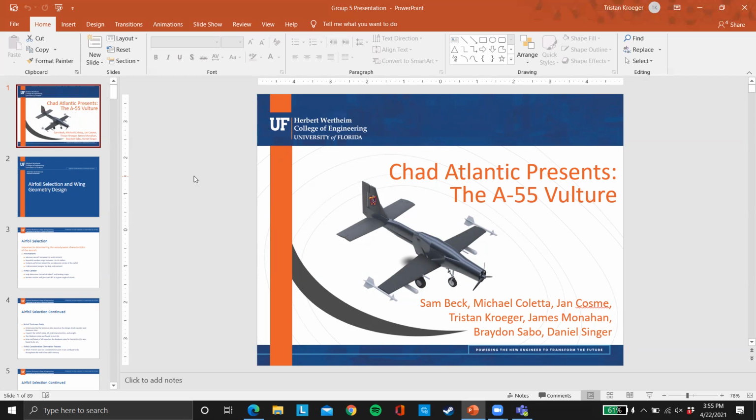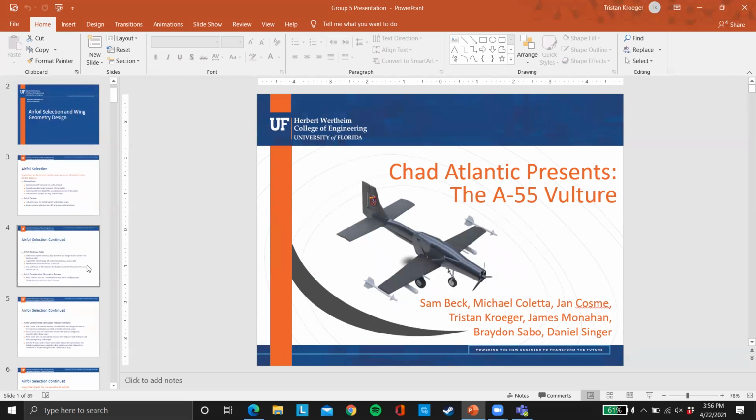Correct, yeah, it's hard to justify that. So for the airfoil selection, I personally feel that it's not just airfoil selection, but also including the power plant and everything. I feel that you put too much time on the basic background knowledge.